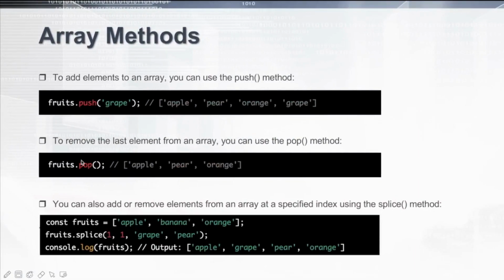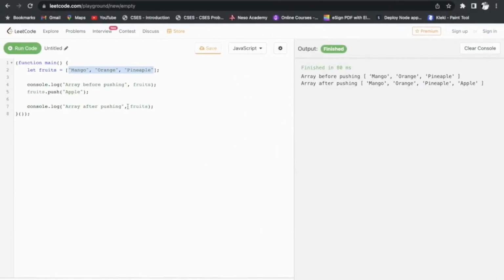The next function we want to look at is the pop function. This function is the opposite of the push function. So the push function is used to add elements to an array, while the pop is used to remove an element from the array, and it is used to remove the last element. So let's see how we can use that on this array.